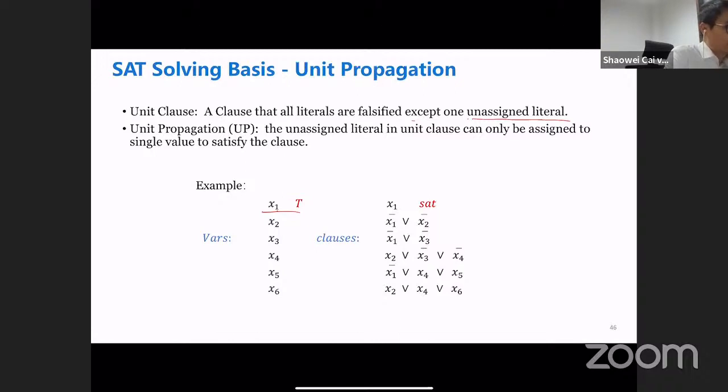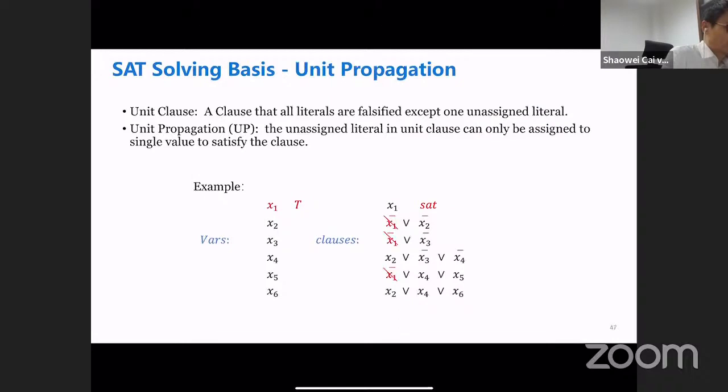So if we get a unit clause, for example here originally x1 is a unit clause, it must be true. If x1 is true, then this clause is satisfied, and we remove all the ¬x1 from all the clauses. So the formula is simplified as this. Now ¬x2 and ¬x3 become unit.